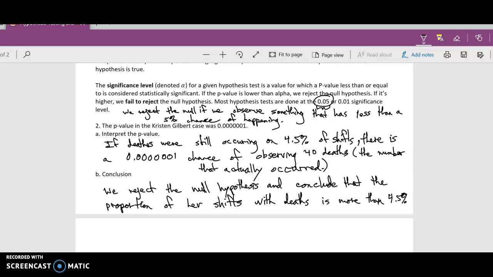And depending on what class you're in, they can get really picky about how you make that conclusion. This is going to be good enough for us. It's not that huge of a deal.